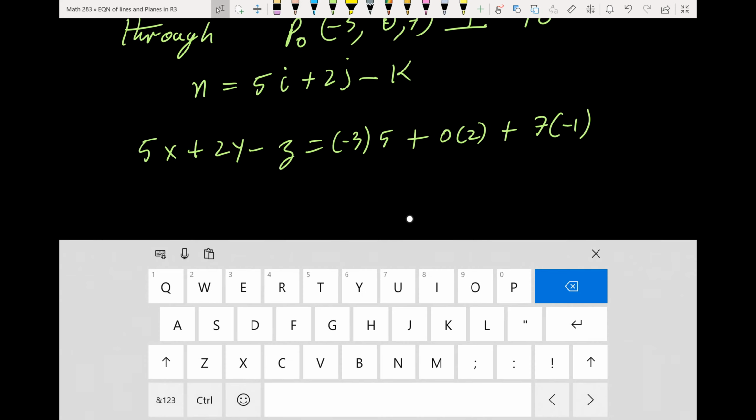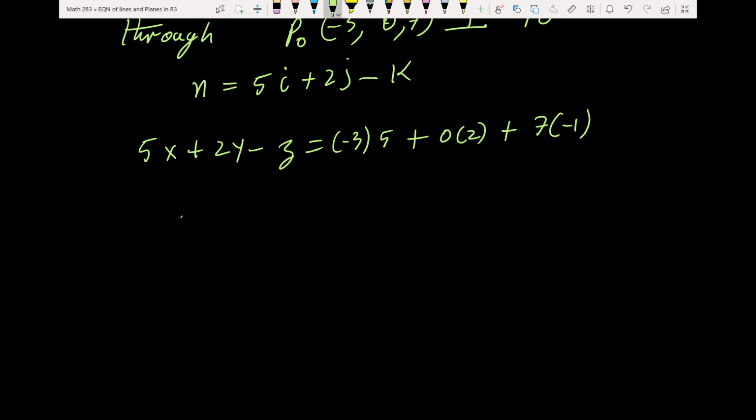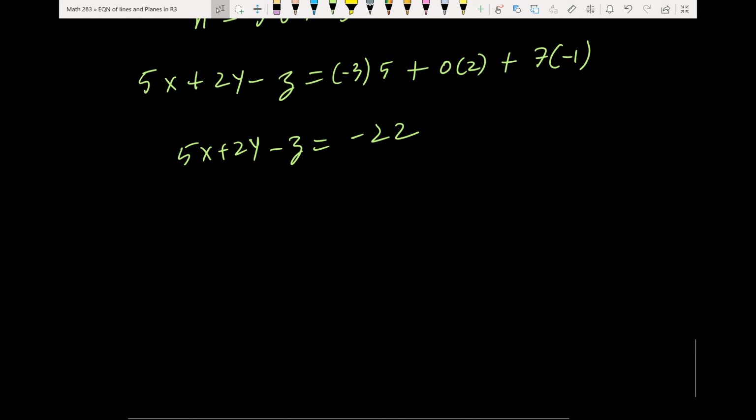And this gives 5x plus 2y minus z equals negative 15 and negative 7, that's negative 22. Or you can choose to write it as negative 5x minus 2y plus z equals 22. They're all good.